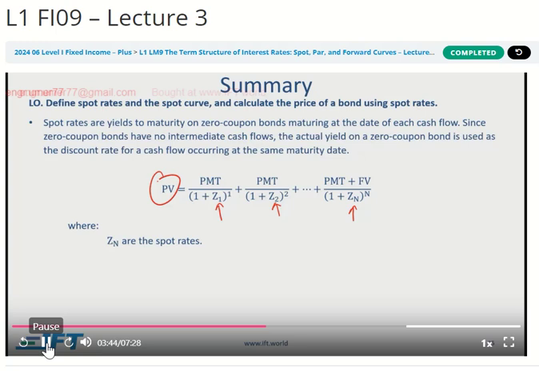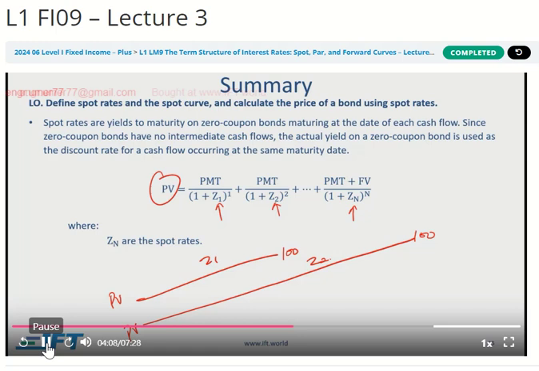Or you could do that assuming zero coupon bonds, and if the present value is for a zero coupon bond for 1 year versus what would be the yield if the zero coupon bond were to give you the face value in 2 years, right? So depending on whatever would be the present value, you could calculate the yield, and that yield would then be Z1 and Z2 and so on and so forth.